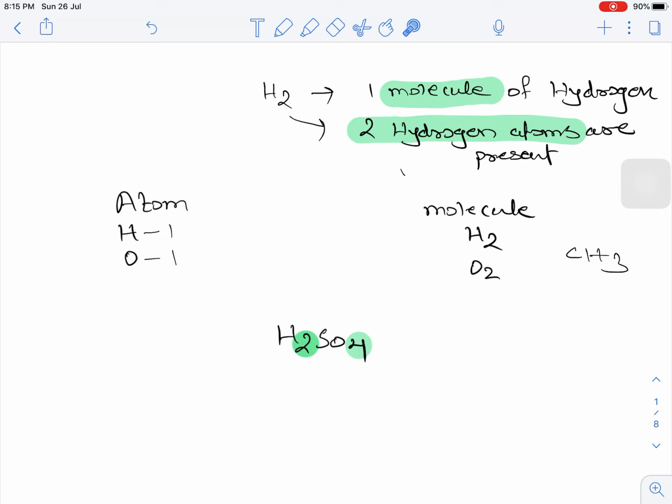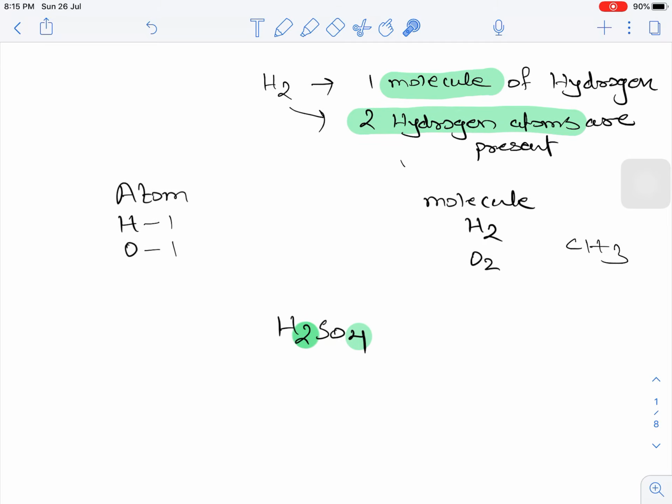Now let us consider an example. Here we have H2SO4, that is hydrogen sulfate, or we can also consider it as sulfuric acid. In this sulfuric acid, if you want to find how many atoms are present in making one molecule of sulfuric acid, we have to find that some numbers are written after the symbol.